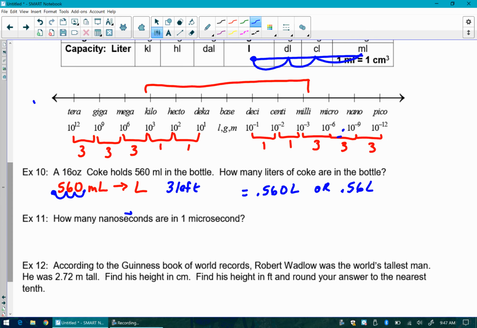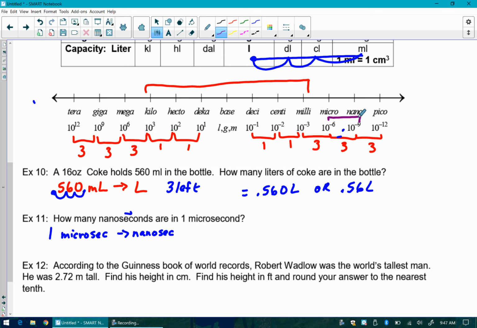It wants to know how many nanoseconds are in 1 microsecond. So I'm sitting here at 1 microsecond, and I want to convert that to a nanosecond. So with my microsecond going to a nanosecond, notice that I'm going from micro to nano.